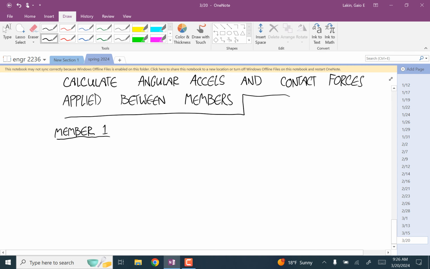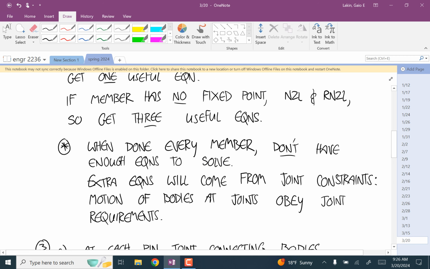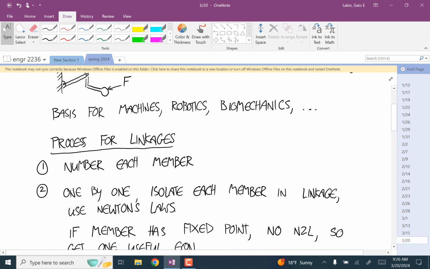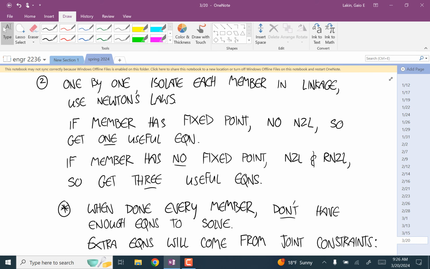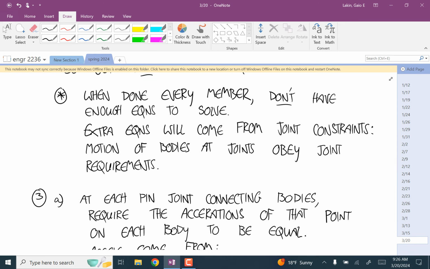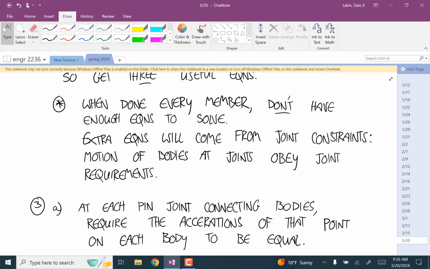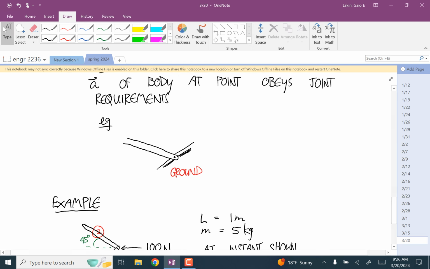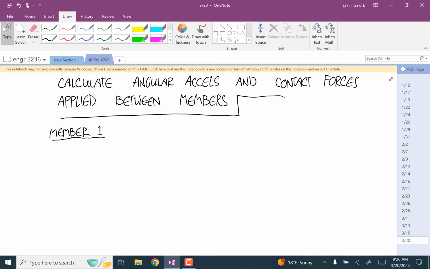And for each one of these, we're going to go through the steps of rigid bodies. Like I gave you the steps, the process for linkages. There's 3 steps here. That doesn't sound so bad, except that step 2 is for each member. You go into the 6 or 7 steps of the rigid body. So this gets sort of time consuming, but okay.